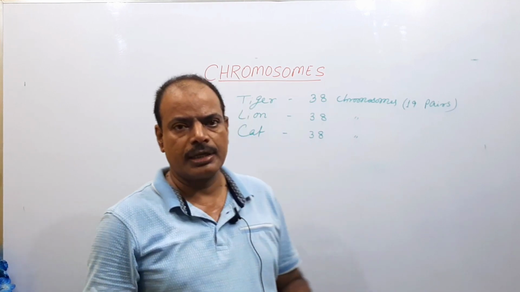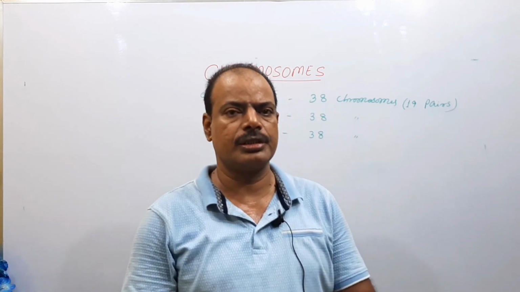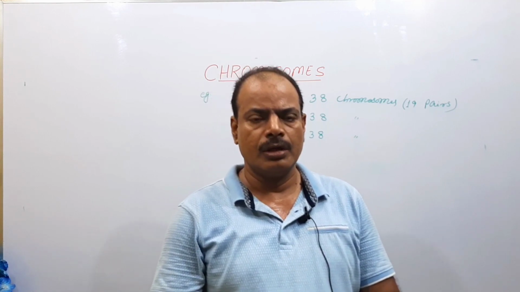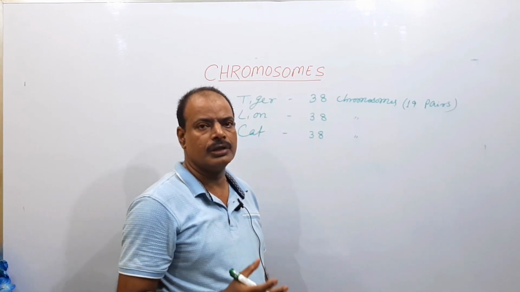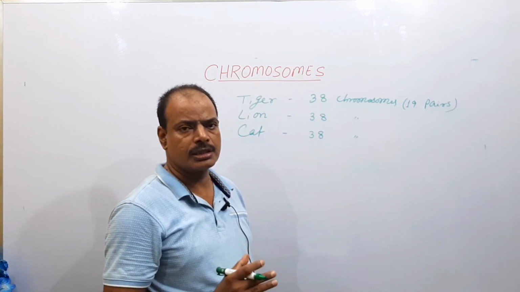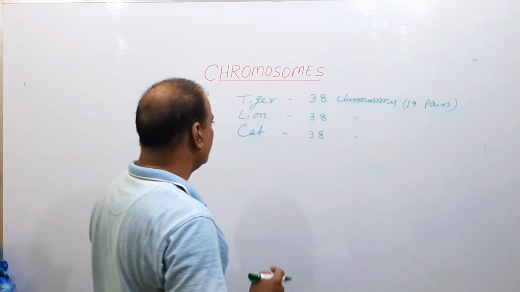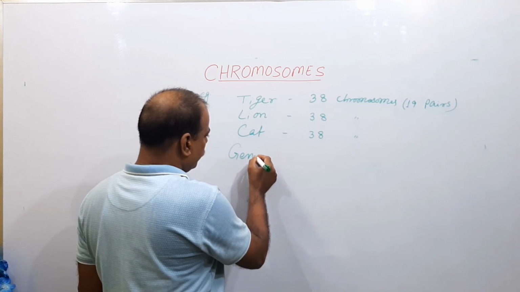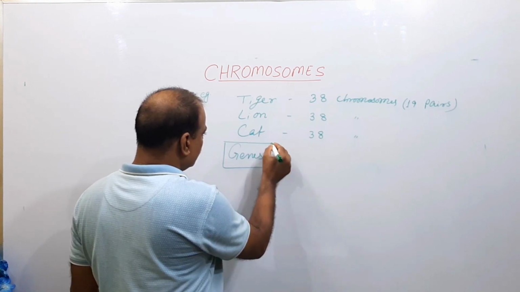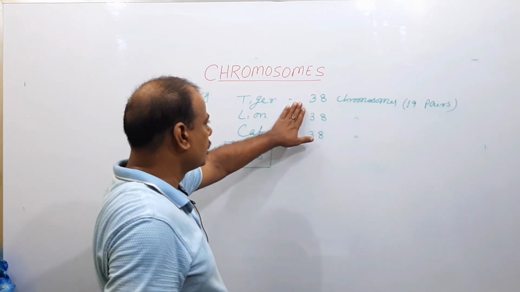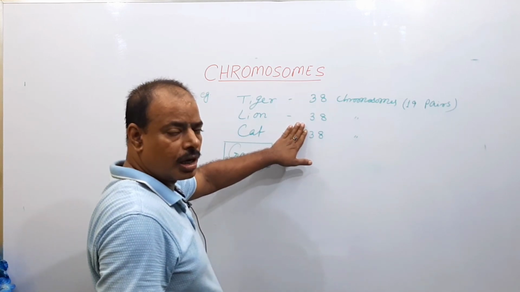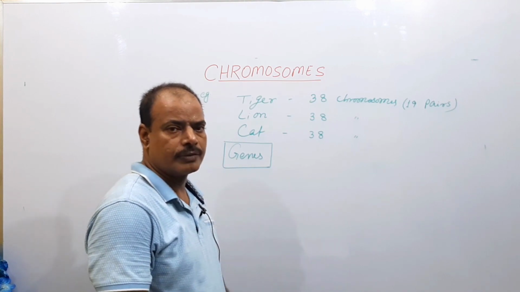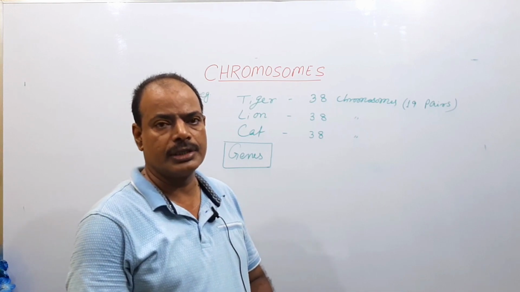There are a number of similarities in these three organisms, but a number of differences also. So what is the cause of these dissimilarities? The secret is the genes. The genes found on the chromosomes are of different types, and due to the different types of genes they contain, they have a number of dissimilarities.